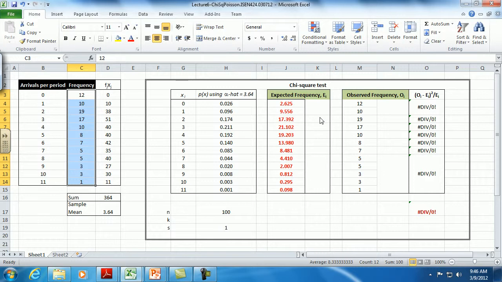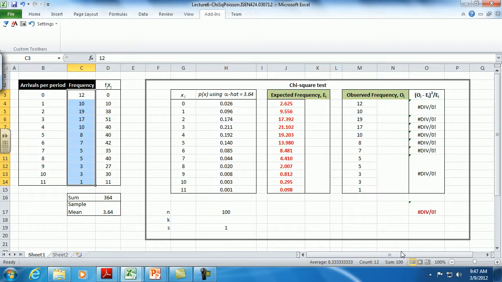So we have n equals 100. What we have to do is to multiply n times the probability, so the expected for x1 is going to be equal to 100 times 0.26, which is right here.